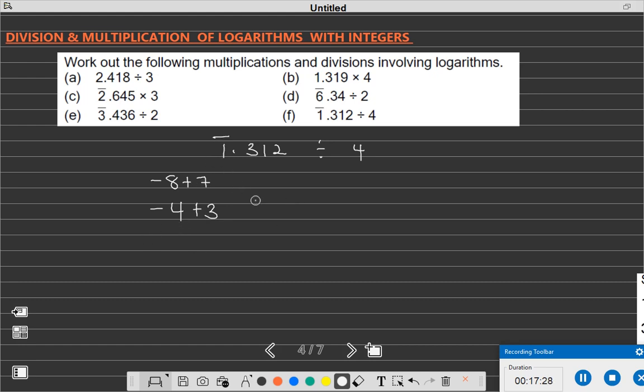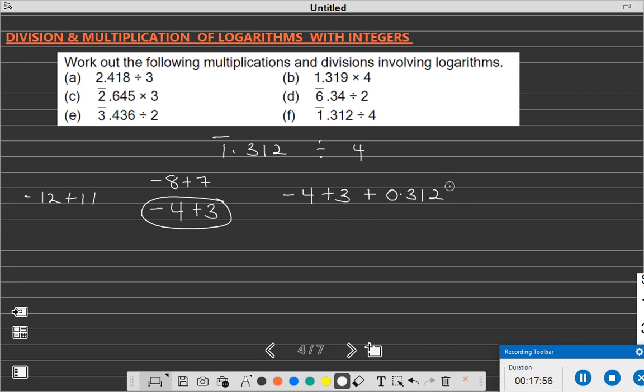We can use any, so long as it is a multiple, even 12 can work. If you say minus 12 plus 11, you get a minus 1. So let me take this one here, a minus 4. So we shall say minus 4 plus 3. Then plus this part here, 0.312.